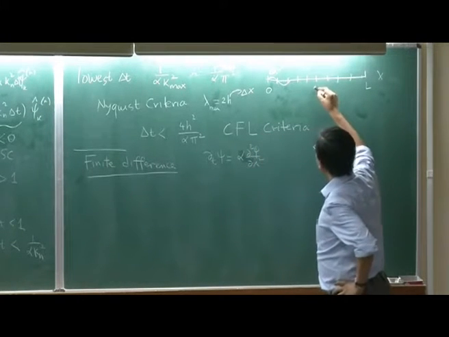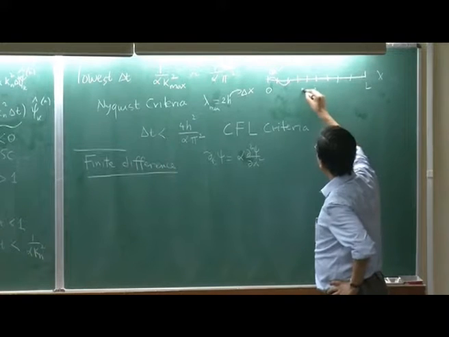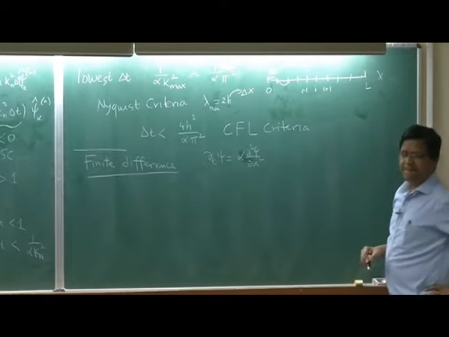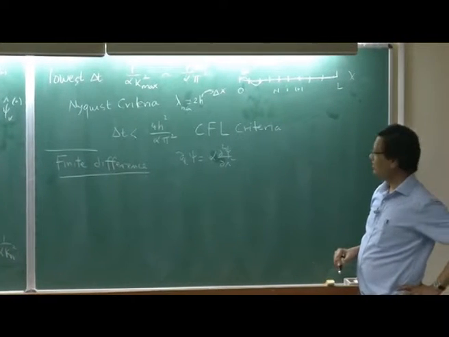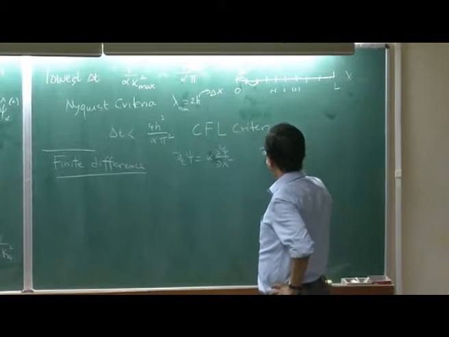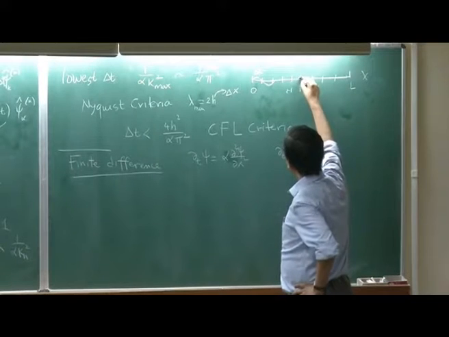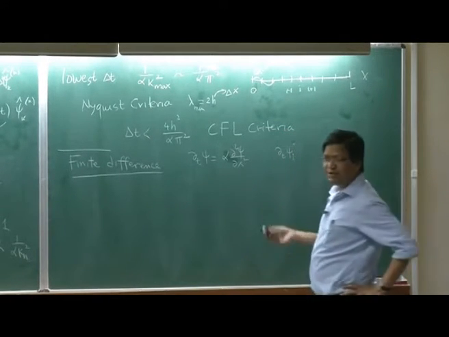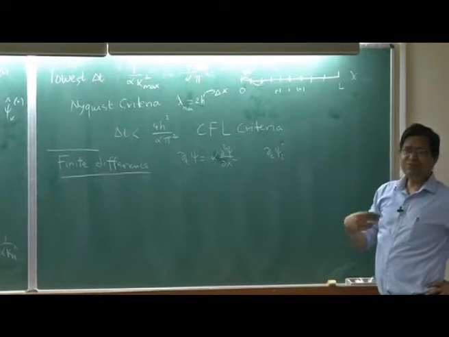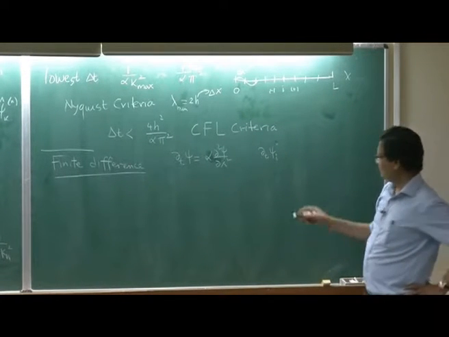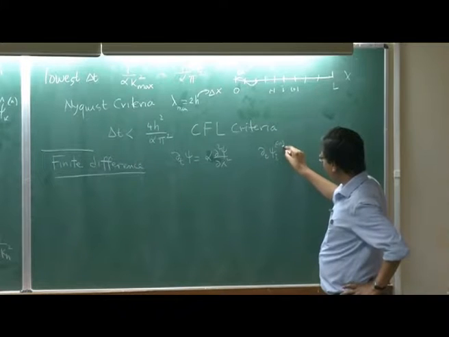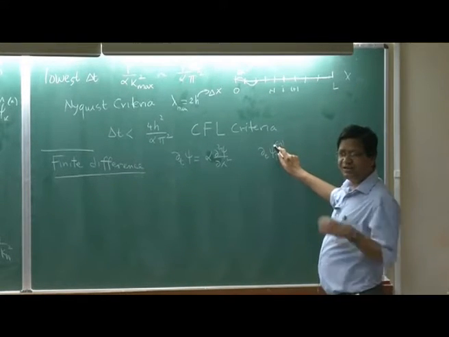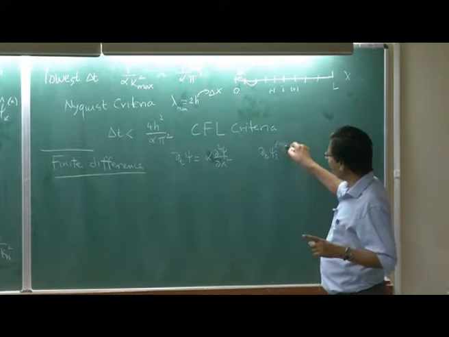I will label the points i minus 1, i plus 1. So the partial derivative at point i, this point, psi i. Now also I have the time index. Let's say I am doing it at time t, so this is my variable at n. Remember I had put a label, this is for the time index.